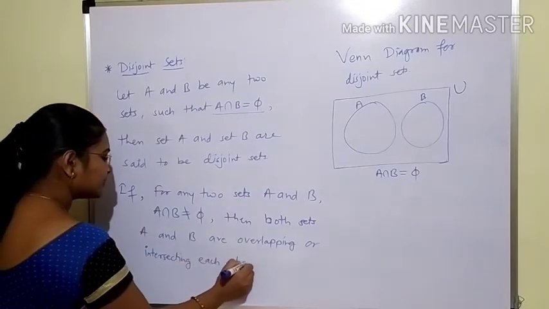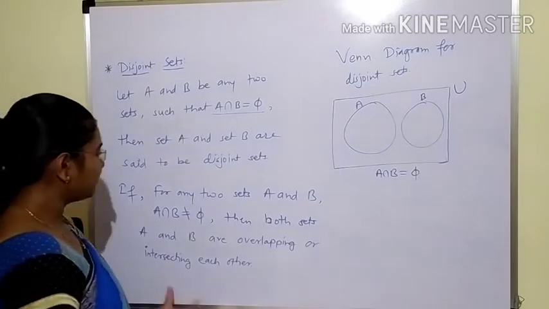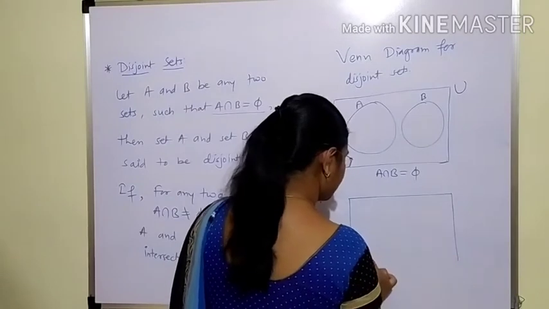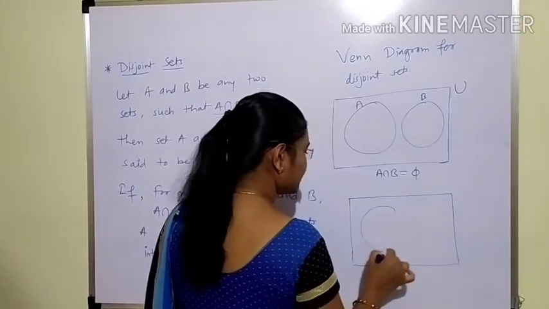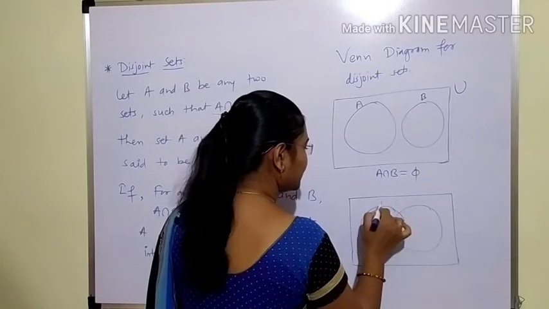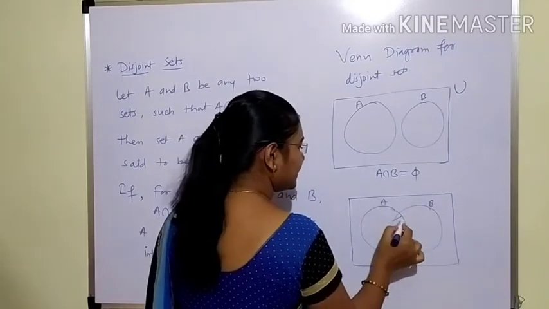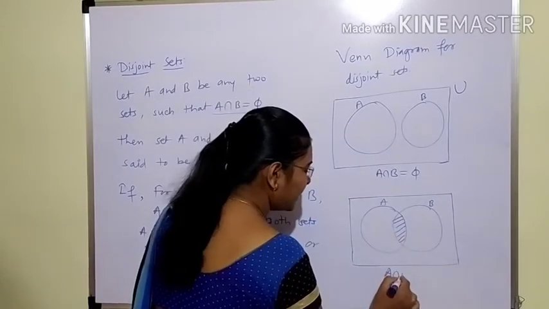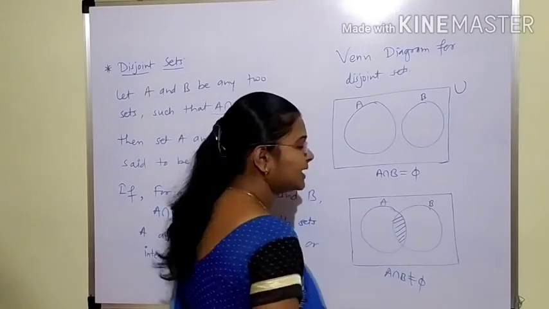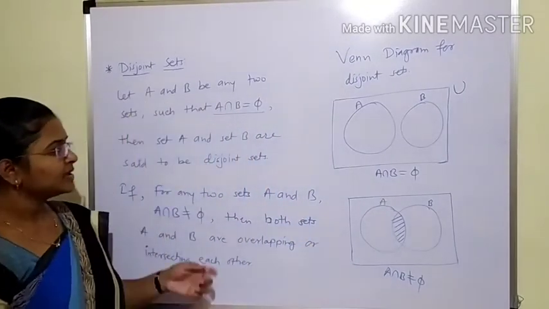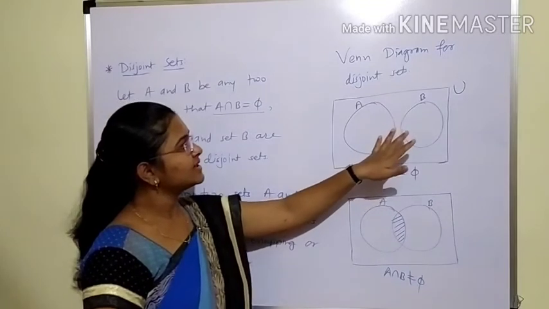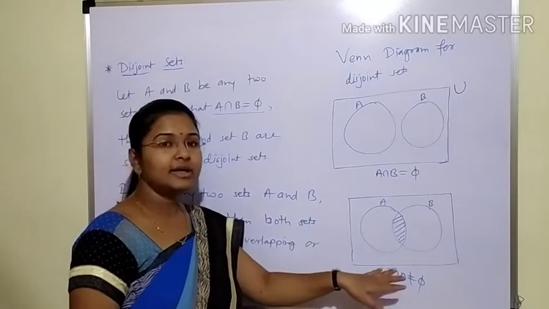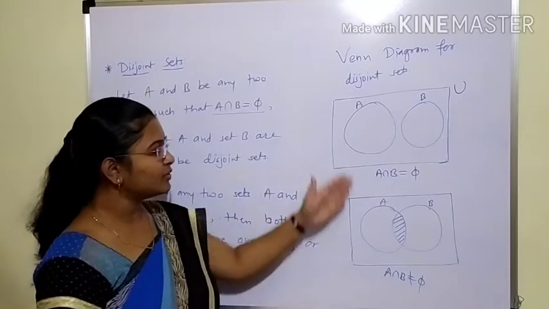Okay, so for this we can draw the Venn diagram. Here we can show set A and set B having some common elements. So here A intersection B is not an empty set. Understood? So if two sets are disjoint sets, and if two sets are not disjoint sets, means their intersection is a non-empty set. So here you can observe both these sets.